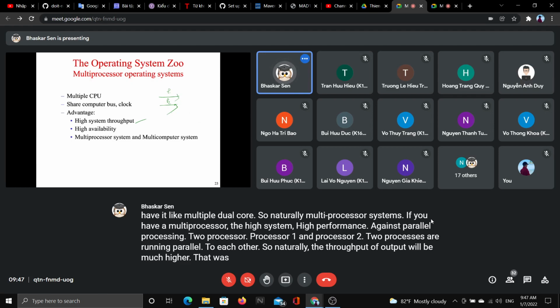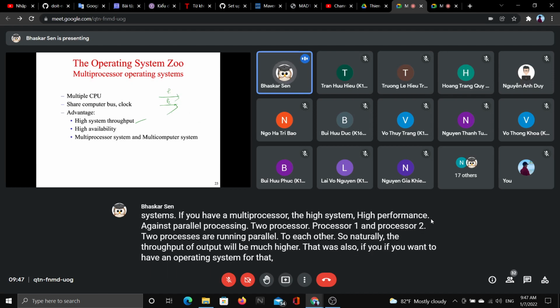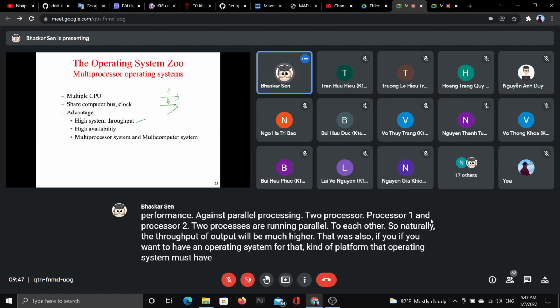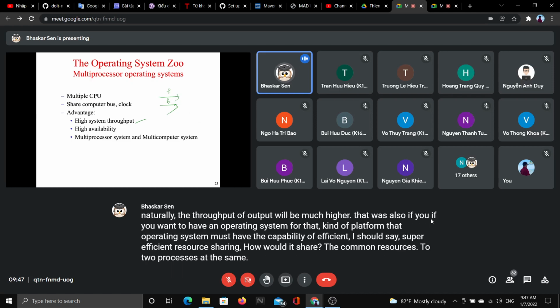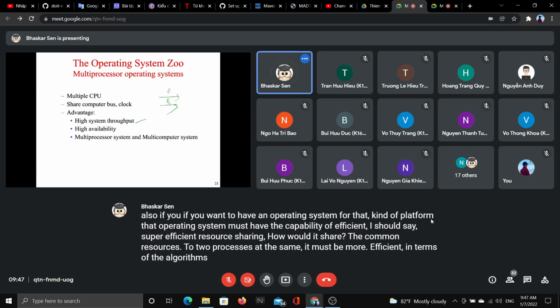If you want an operating system for that kind of platform, it must have the capability of super efficient resource sharing. How will it share the common resources between two processes at the same time? It must be more efficient in terms of the algorithms embedded.